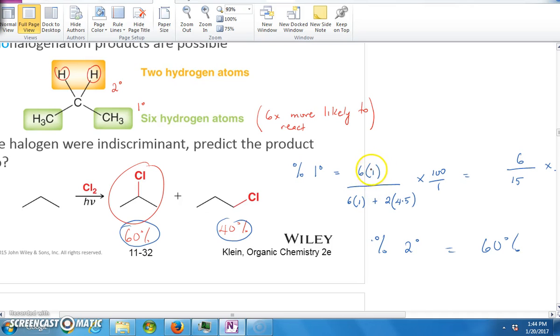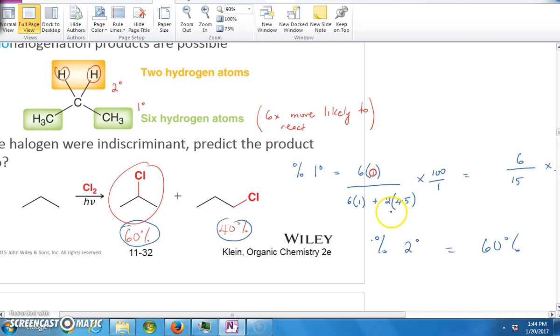Now this 1 is the rate of the reaction. The rate of the reaction for the abstraction of a primary hydrogen is 1. And because we have 6 of them, that's where the 6 comes from. So the total rate of abstracting hydrogen should be 6 times 1 for the primary hydrogens.